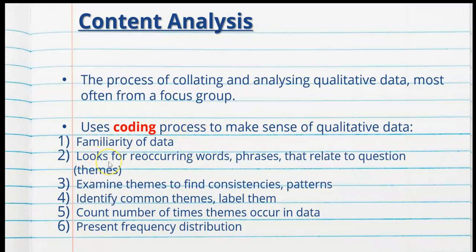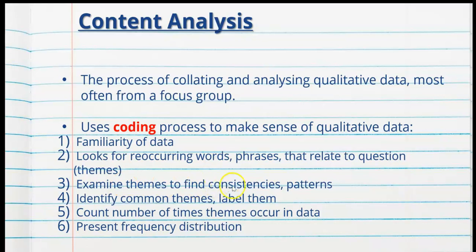Then we start to look for reoccurring words or phrases that relate to the question. In other words, consistent answers, consistent words, phrases, sentences that keep popping up that relate to the question we're investigating. These are then identified as themes. So what are the common words or phrases or the consistent answers that participants keep saying in the focus group?